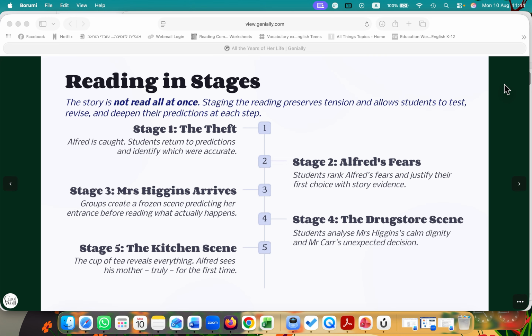Stage 3 has groups building a frozen scene before Mrs. Higgins arrives. Stage 4 in the drugstore scene, looking at her calm dignity and Mr. Carr's decision. Stage 5 is the kitchen, where the cup of tea reveals everything. At every stage, students are questioning and reconsidering, not just following events to the end.